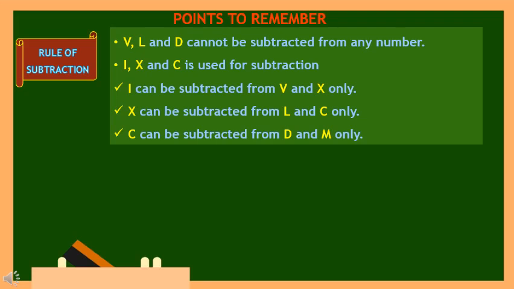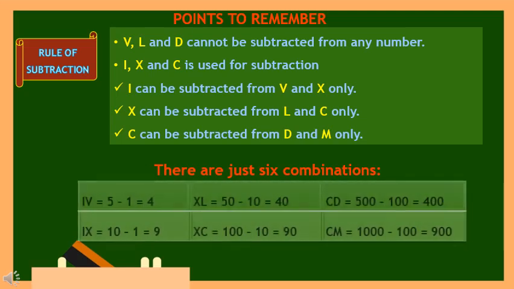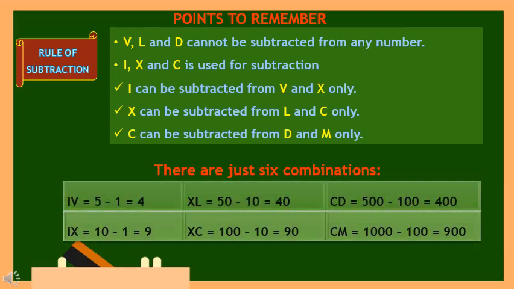Now, keeping all these points in mind, there are only 6 combinations of subtraction that are possible. That is IV, that gives you 5 minus 1, 4. IX, that gives you 10 minus 1, 9. XL, 50 minus 10 gives you 40.